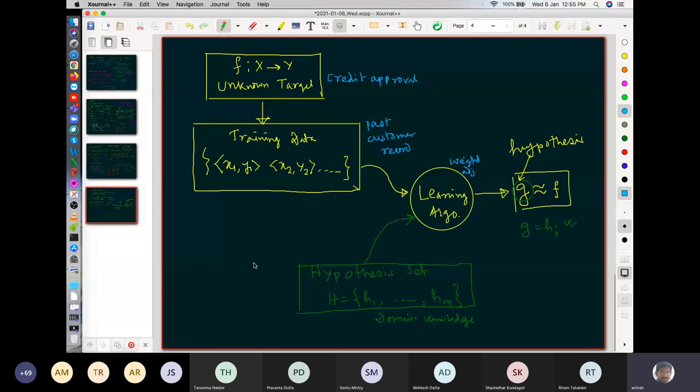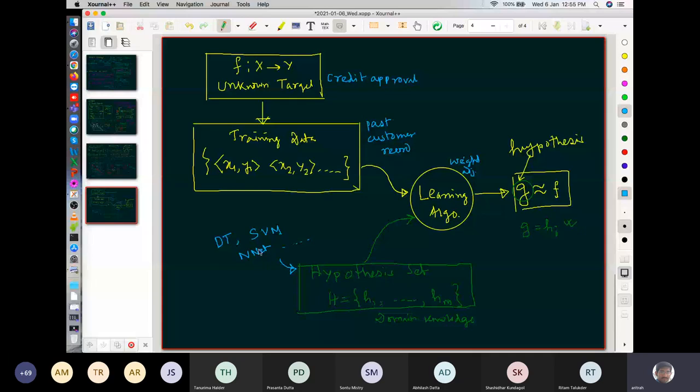What is your hypothesis set? Your hypothesis set is basically what you finally want to learn. This is the topic of what we want to learn. My hypothesis set could be, I could learn a decision tree, I could learn a support vector machine, I could learn a neural network, and so on.